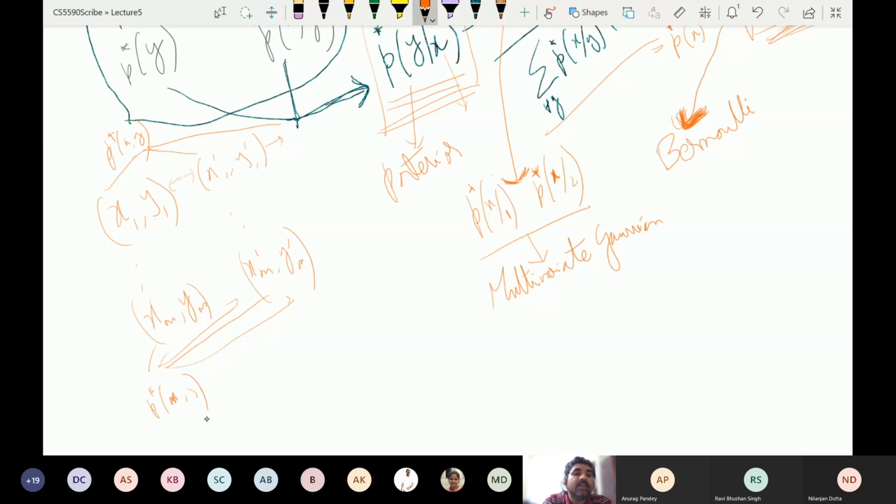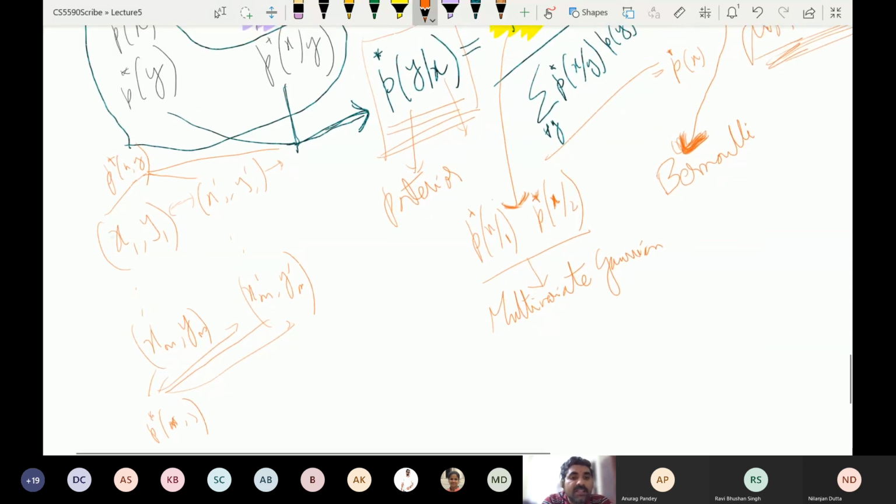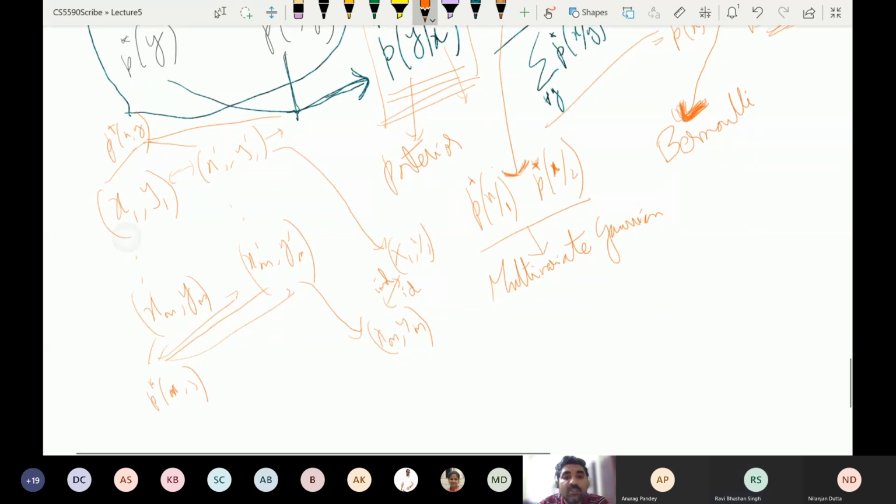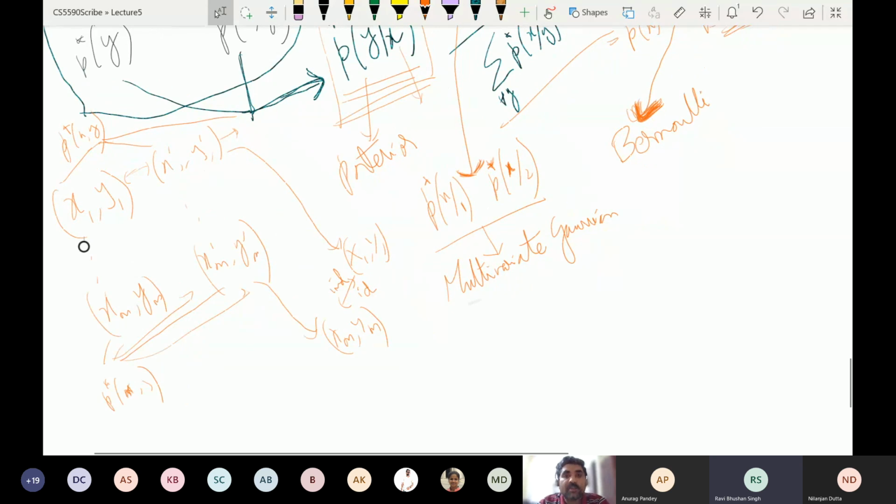Now, IID means the random variable which corresponds to the first sample and the random variable which corresponds to the last sample are identically distributed, and they are independent. That's what IID means. So it's about samples, not about two distributions.